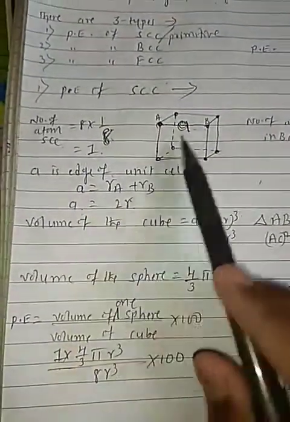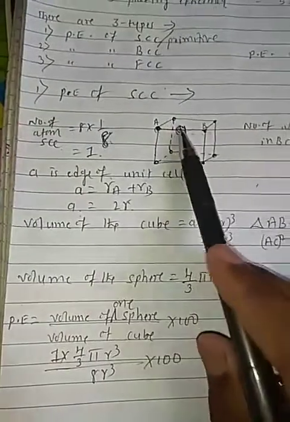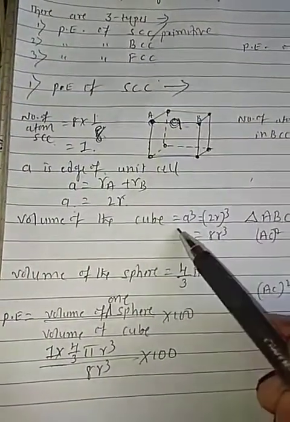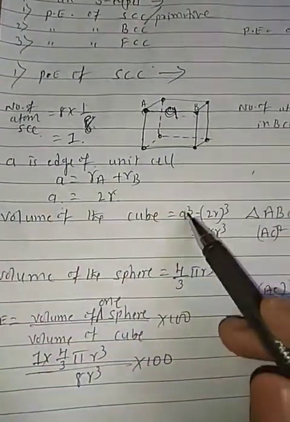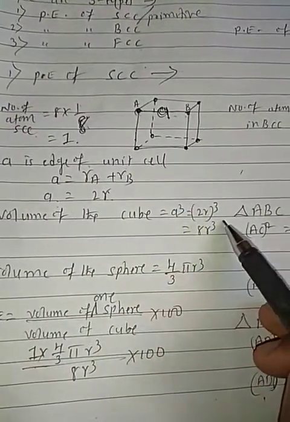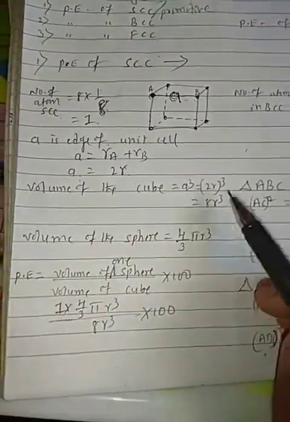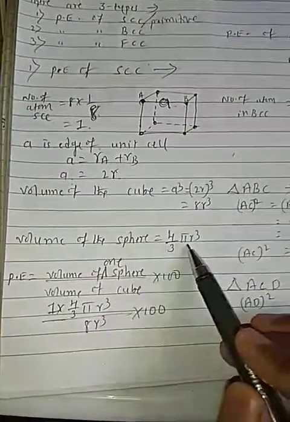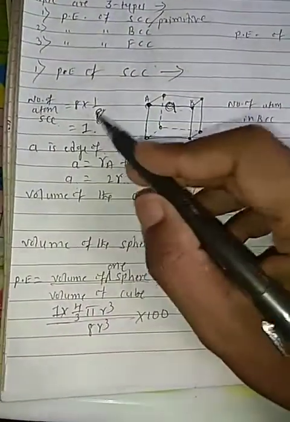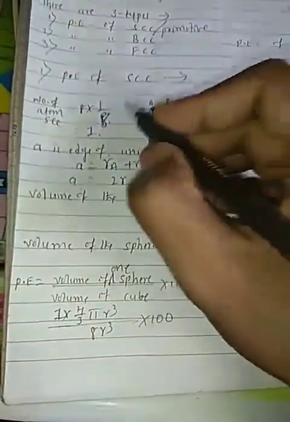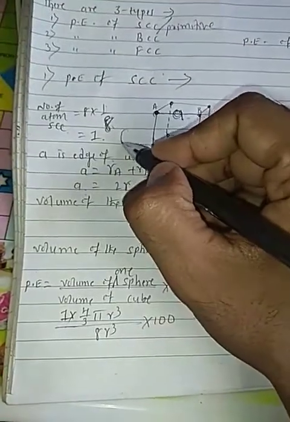If the edge length is a, the whole volume is taken as a cube. The volume of the cube is 2R whole cube, that is 8R cube. Volume of the sphere: the total number of atoms is 1, and this one atom is considered as a spherical form.